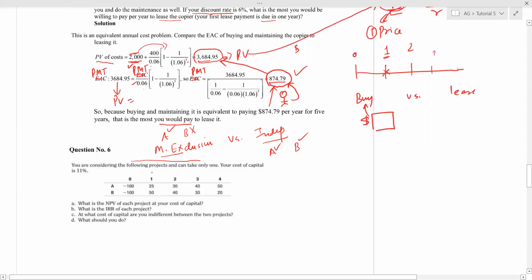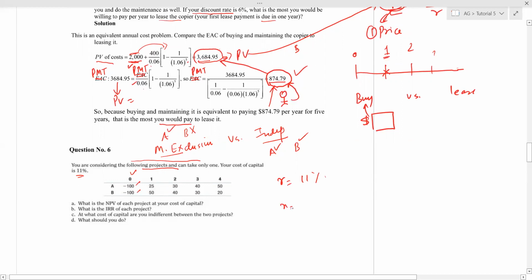But this question is saying that these are mutually exclusive projects, your cost of capital is 11%. Okay, R is equal to 11% and mutually exclusive. So the outflows are equal for A and B, and this is the timeline.